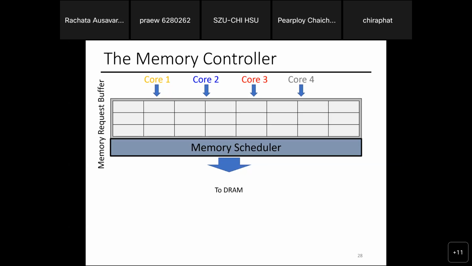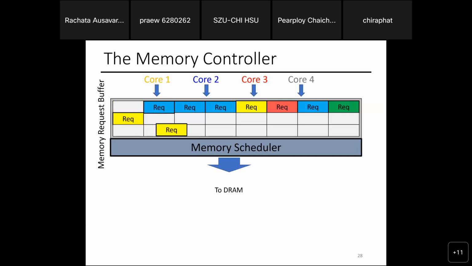So that's another idea. Now, if you look at a controller, let's say now you have 4 processors. Each processor has its own program running, and they will have data accesses because that's your program. So you have the yellow request, blue request, the red and the green request coming from all these processors.